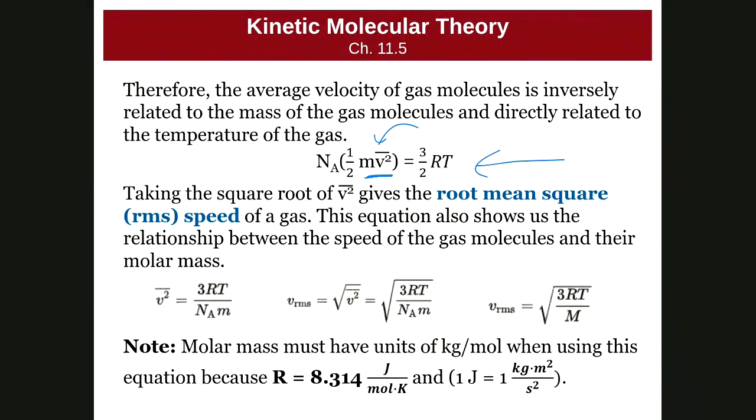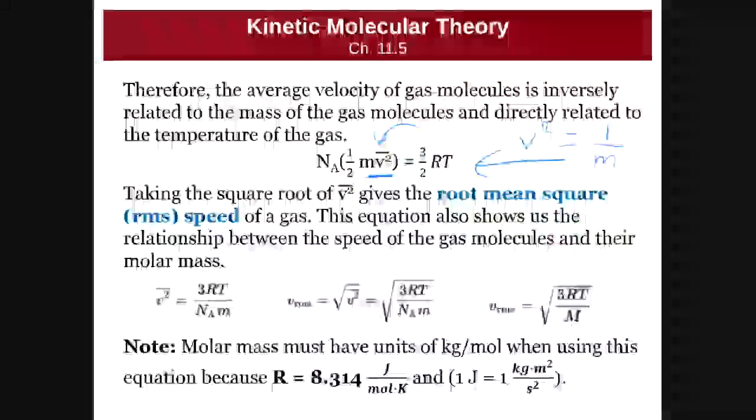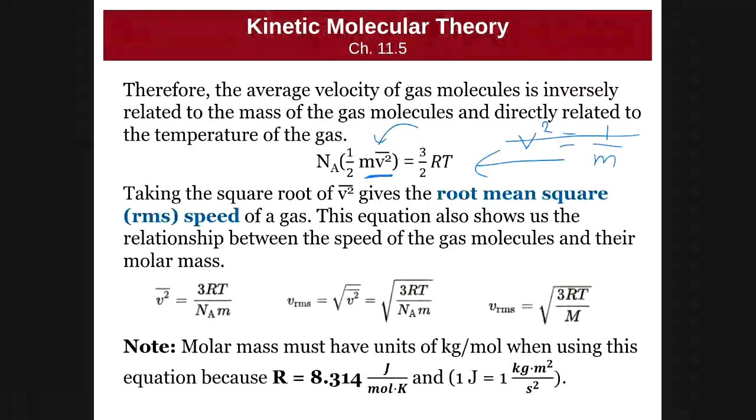So, for example, you move m to the other side by dividing by it. So they're inversely related. And the average velocity is directly related to the temperature because they're on opposite sides of the equal sign. So when average velocity goes up, temperature goes up. Or more importantly, when temperature goes up, average velocity goes up.